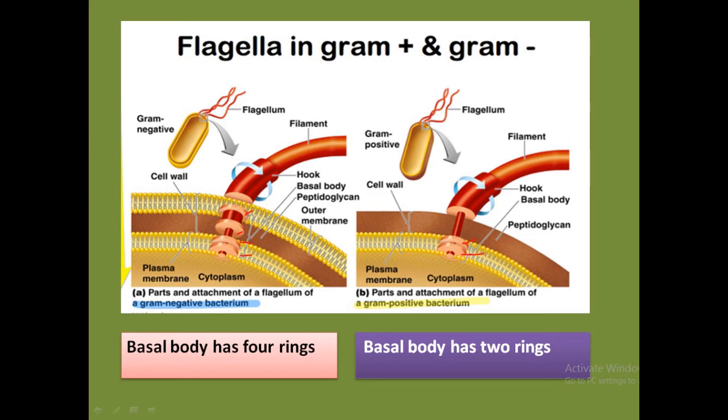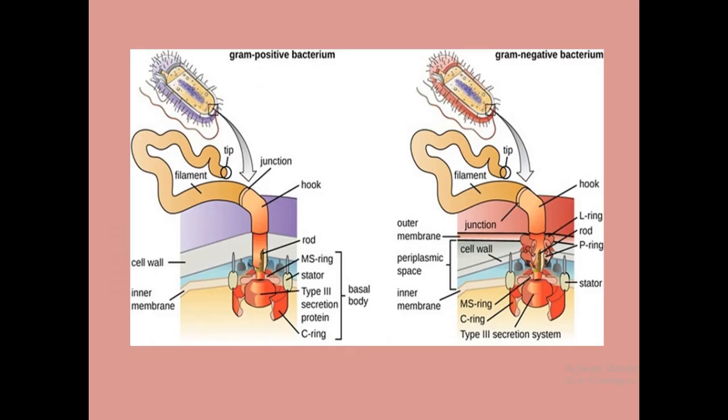So in the case of gram positive bacteria, there are 2 rings, and in case of gram negative bacteria, there are 4 rings. Let's see another picture. Here we can see the rings: the L ring, the P ring, the MS ring, and the C ring. But in case of gram positive bacteria, there is only the MS ring and the C ring.